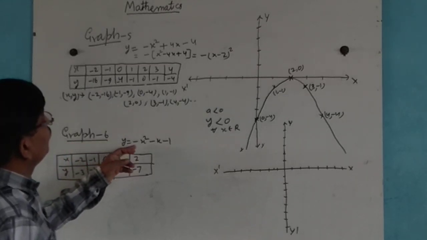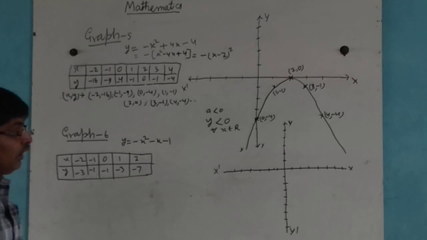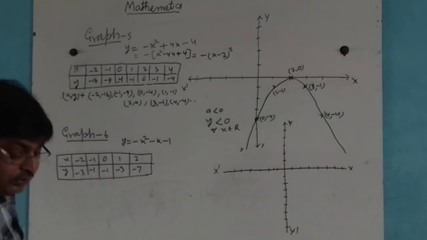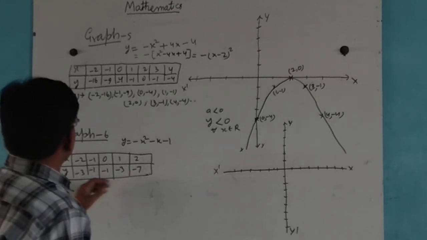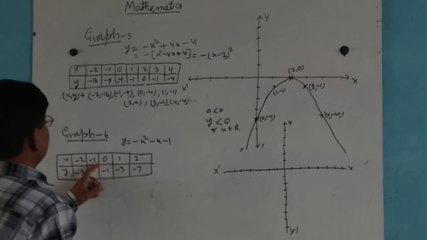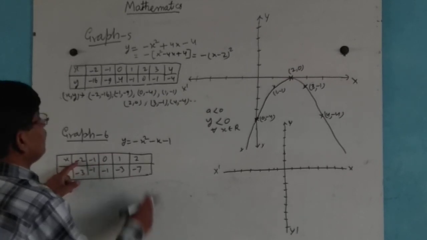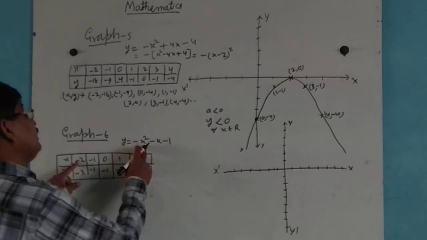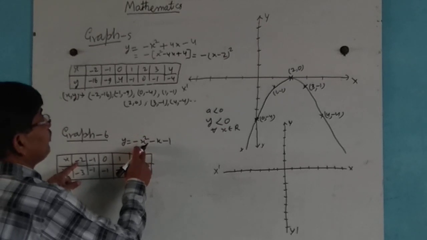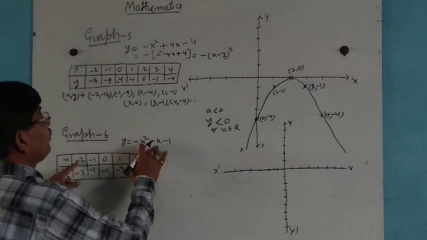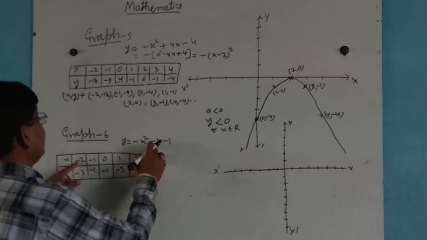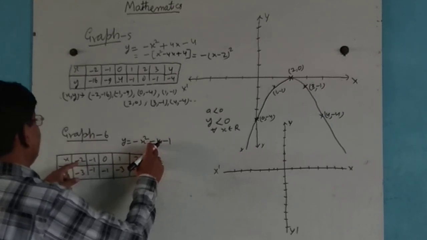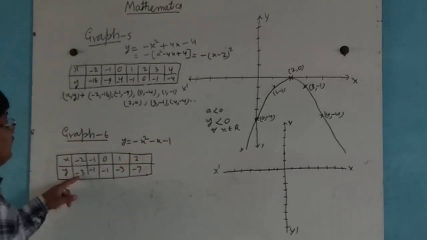y equal to minus x square minus x minus 1. Now similarly we put in this point x equal to minus 2, that is minus 4 plus 2 minus 1, that is equal to minus 3.